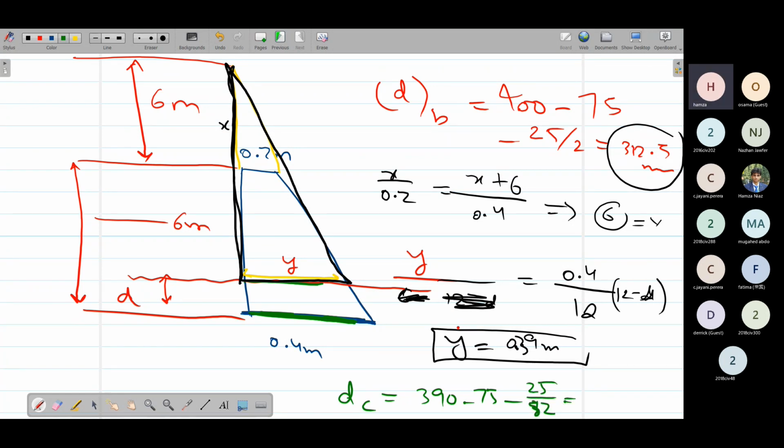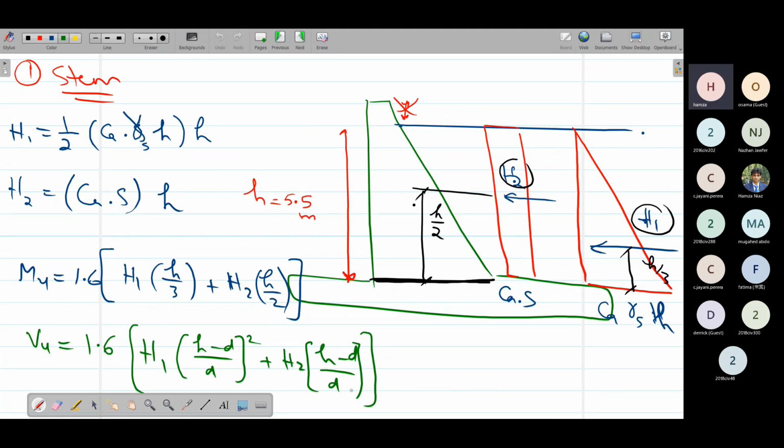This would be our actual d at the critical section, this green portion. This is around 302 or something. This way we can calculate this d value. Just plug in this value in this equation and we can calculate the applied shear.